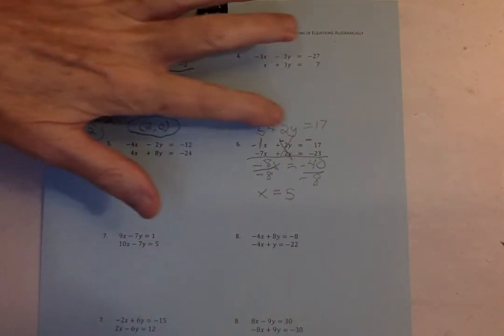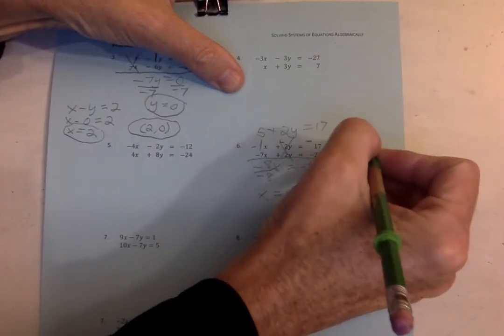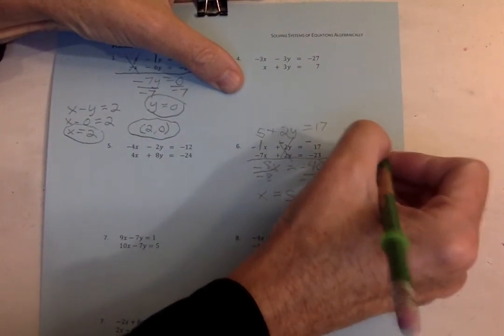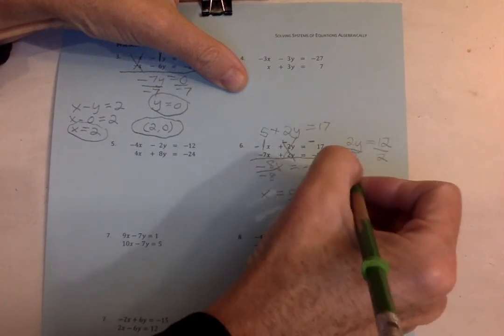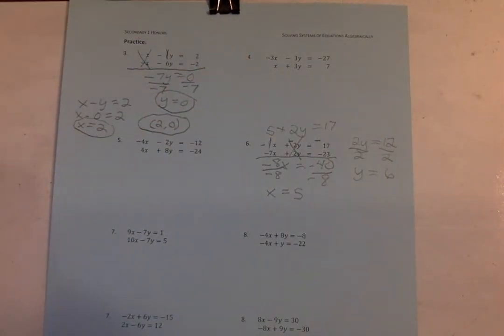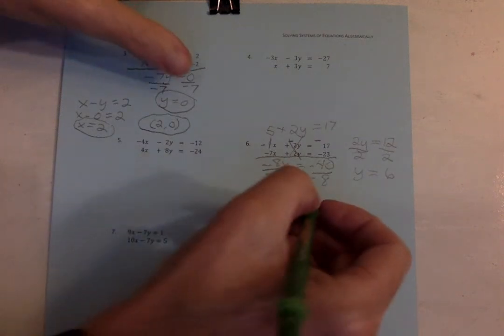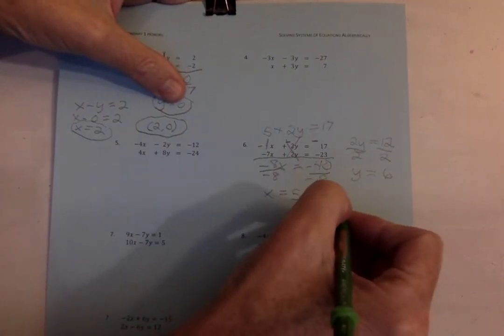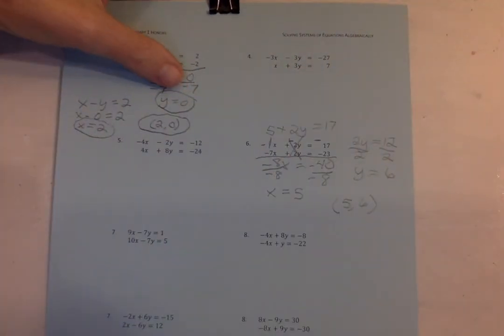Okay, if I subtract 5, I get 2y equals 12. Divide by 2, y equals 6. Okay, so then we write it in ordered pair form. So your solution would be 5, 6. And there's our solution.